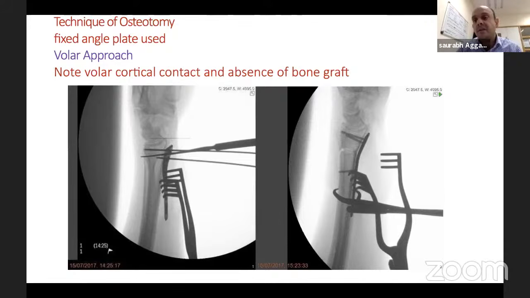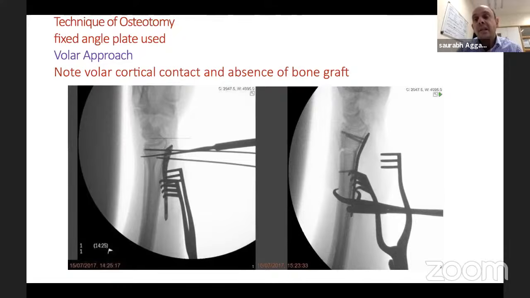In the other examples, I'll show you where I have not done this. I don't have so much control, but it allows me to do a triplane correction. In this case, I was just doing a dorsal correction, so I could get away with putting the plate and distal screws first. I can still get my radius out to length with screws first, followed by osteotomy.